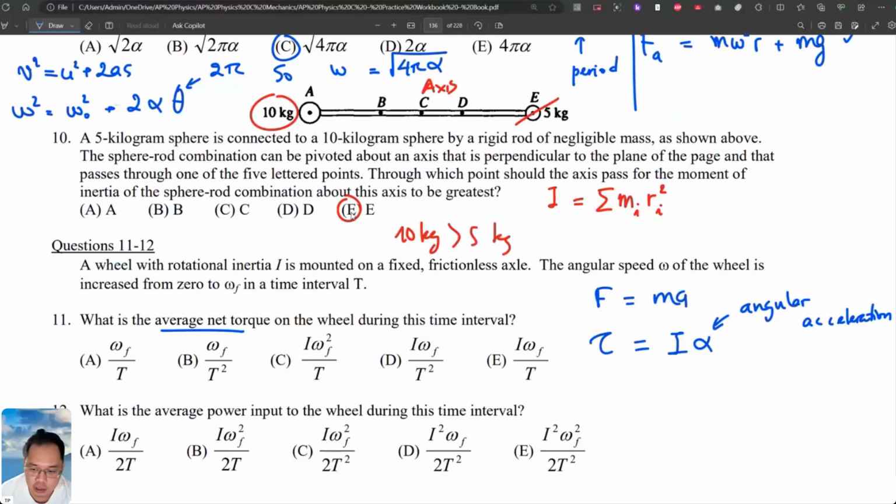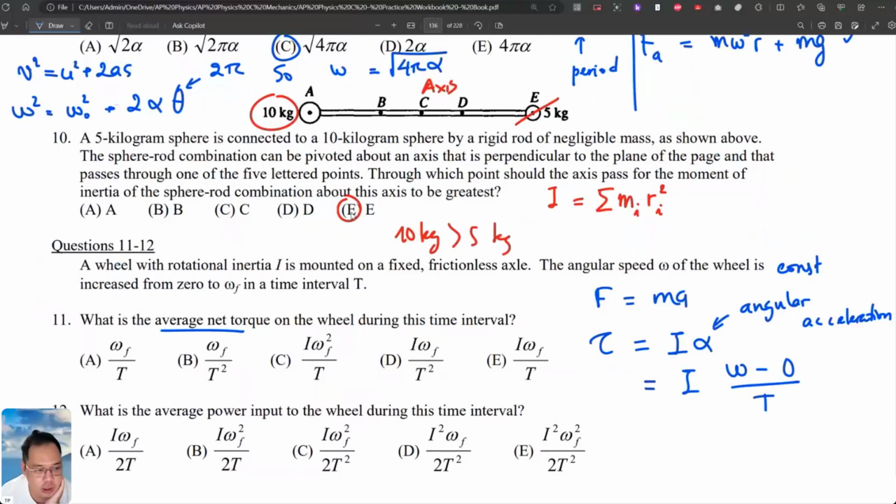We're given the time interval T. So alpha here is a constant which can be calculated by omega minus omega 0, which is 0, over the time, the period T.